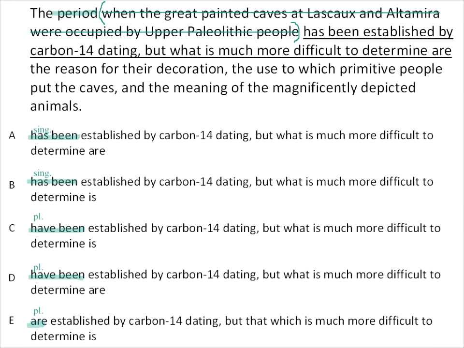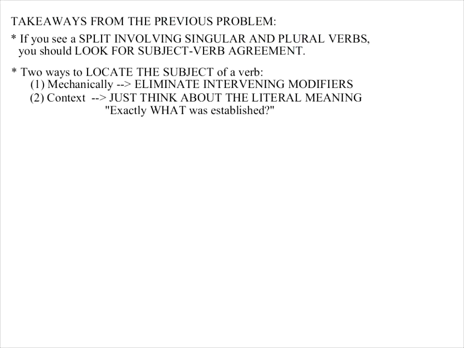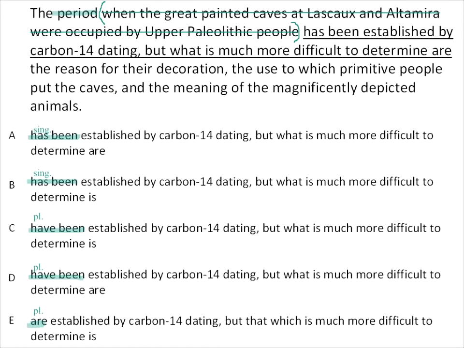So if you look back at this problem, you can say, well, what has been established? Definitely the period, not the people, and not any of this other stuff. It's the period, so that must be the subject. It's better to use this sort of mechanical consideration if you can, because some contexts are ambiguous, whereas eliminating intervening modifiers is never ambiguous. But now, here's where it gets tricky.